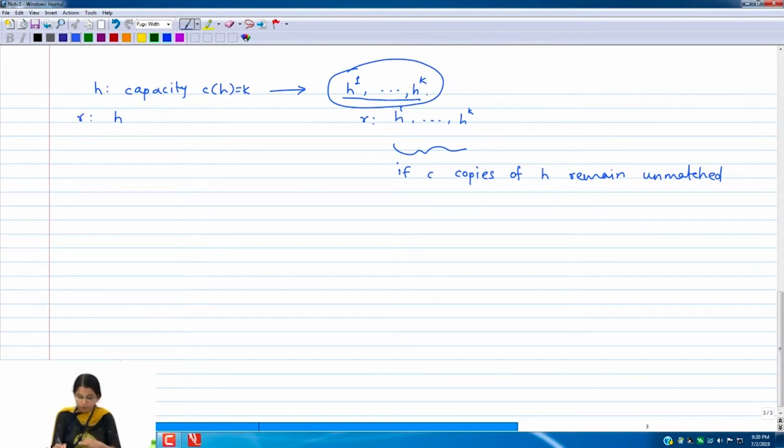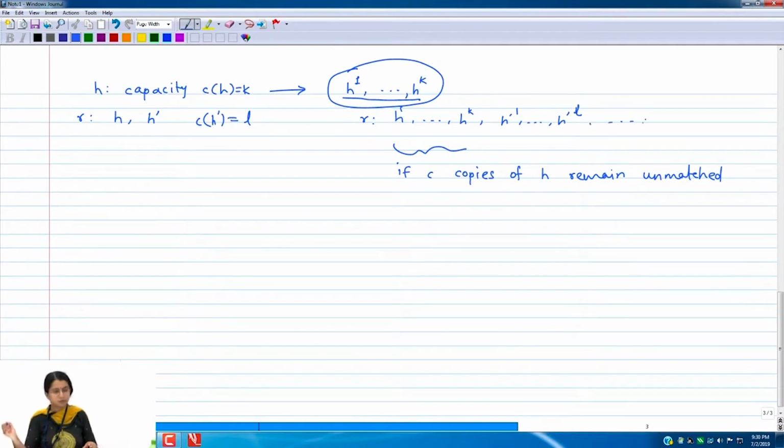So if this is H followed by H prime, then I should have H1 to HK followed by H prime 1 to H prime L, whatever, let's say L, where C of H prime is L. Okay, and so on. So the preference lists blow up like this.